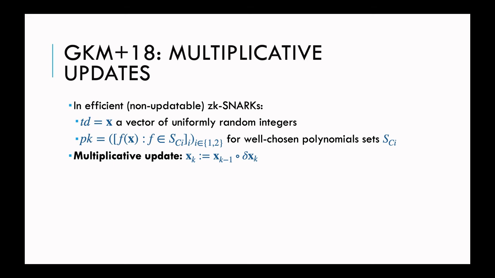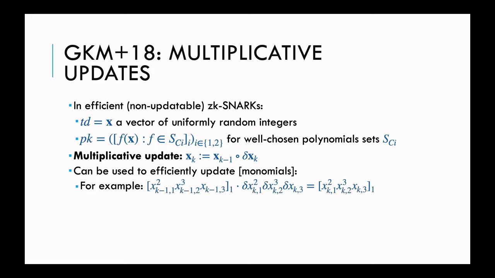You do a multiplicative update: you choose new random deltas of the trapdoors, and you implicitly multiply each trapdoor with the corresponding delta. This can be used efficiently to update polynomials.